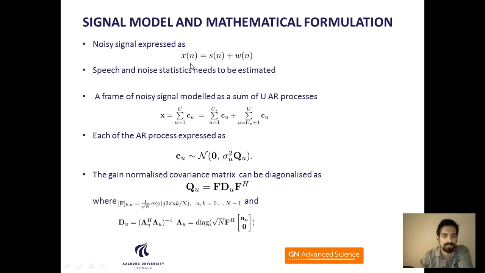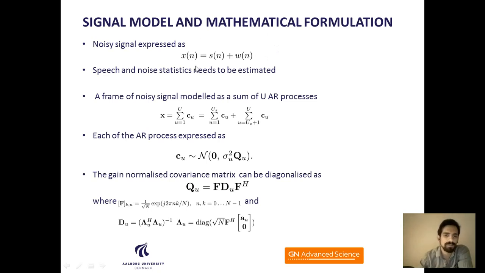onto the noisy signal. But to apply a Wiener filter, we need to know the statistics of speech and noise a priori. And since we do not have access to either the clean speech or the noise signal, we need to estimate that directly from the noisy signal.